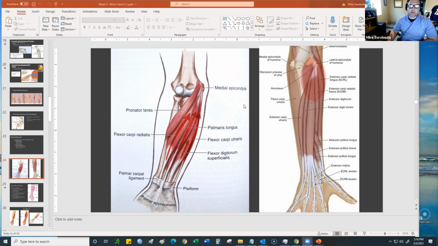Flexor digitorum, that's correct. And which one? Profundus, and what's that going to do? Yes, that's going to move your DIP joint. And then what's going to move PIP? Superficialis, there you go.